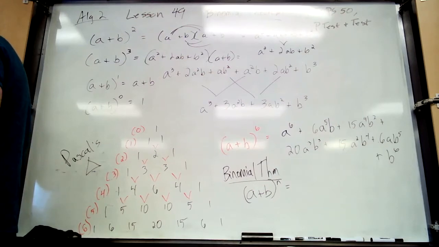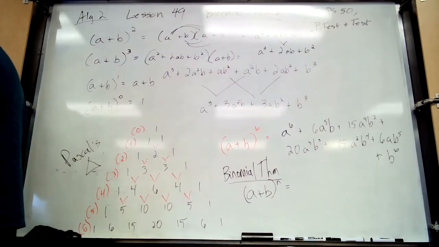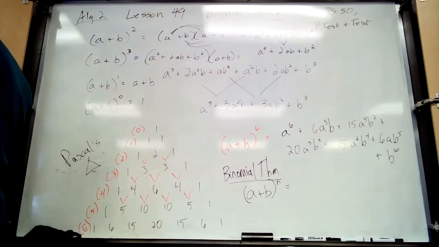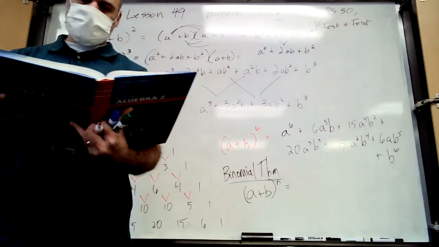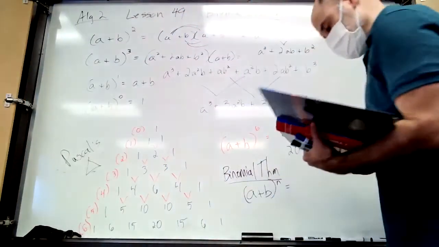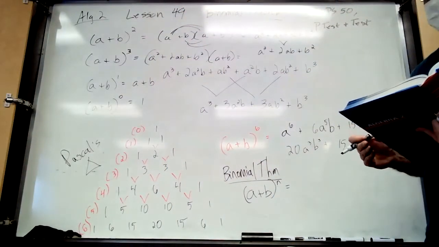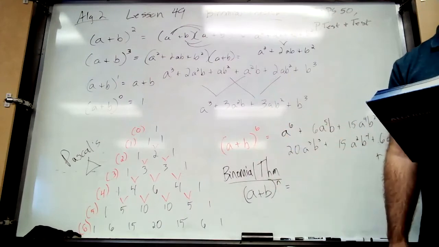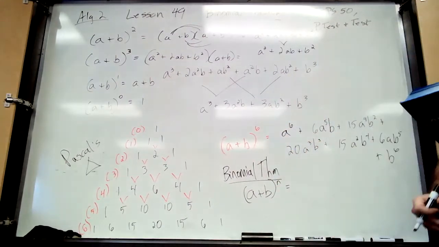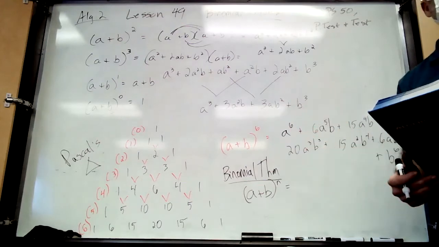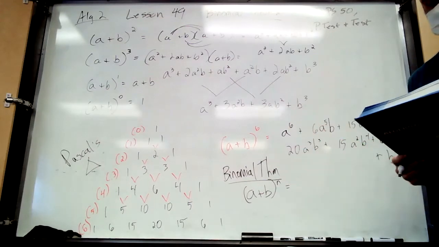Maybe I won't write it that way. I can write it down, but we're not really going to use it this way. We're just going to figure it out. So you don't really have to use this theorem. I mean, you're going to use the theorem, but you're not going to use it like this.